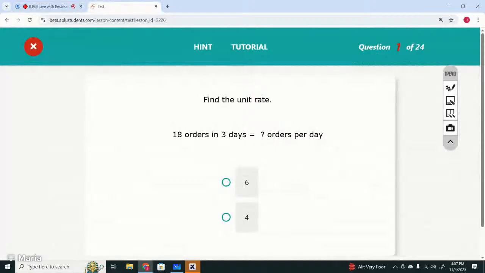We need to calculate how many orders in one day. So we divide 18 by 3, which is 6 orders per day. The correct option is 6 orders per day. Option number 1 is the correct option.